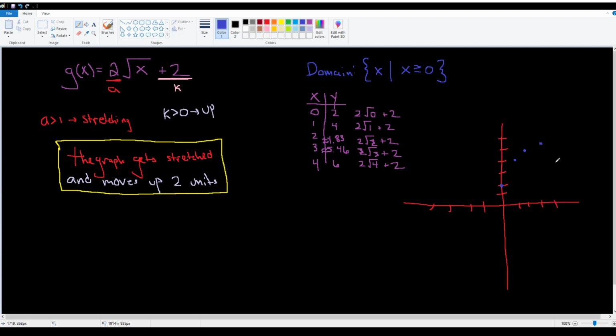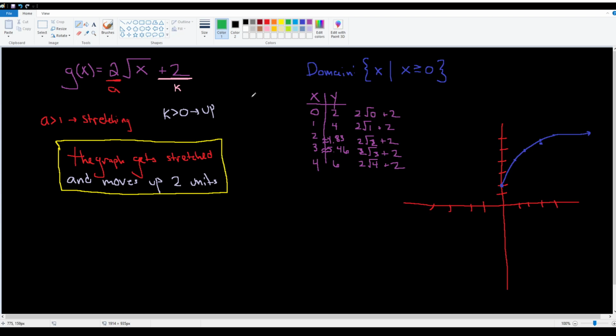And then (4, 6). As we see, we have a nice smooth curve happening. I know that point's a little bit off. It should be up a little bit more, but that's fine. We do see our smooth curve, and there we see the graph of 2 times the square root of x plus 2.